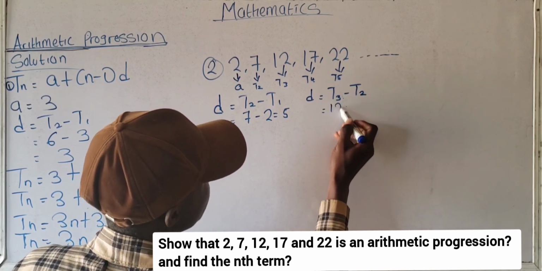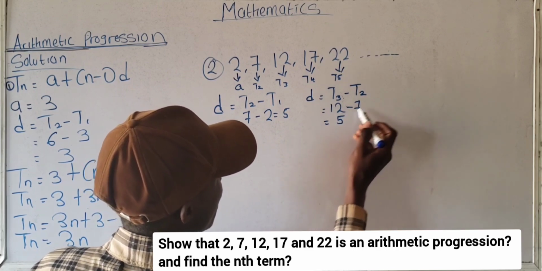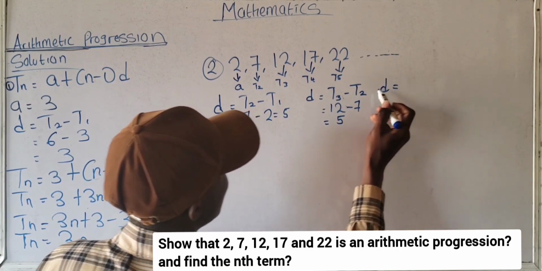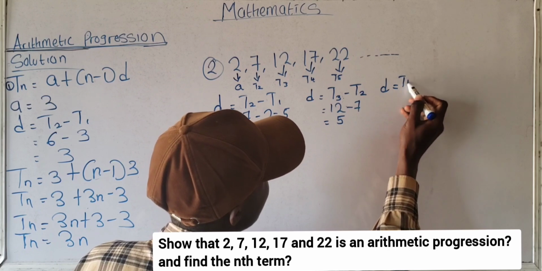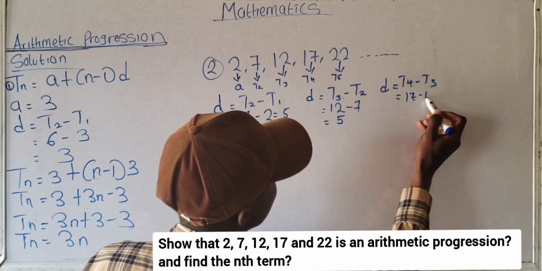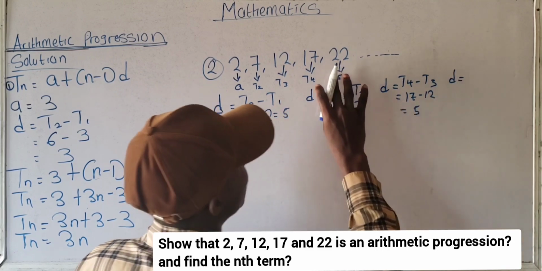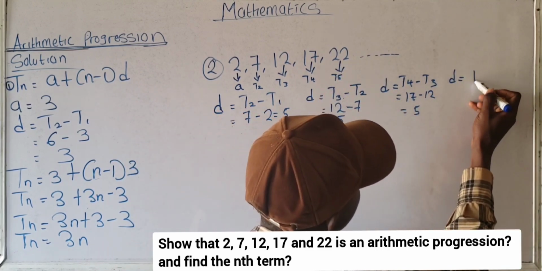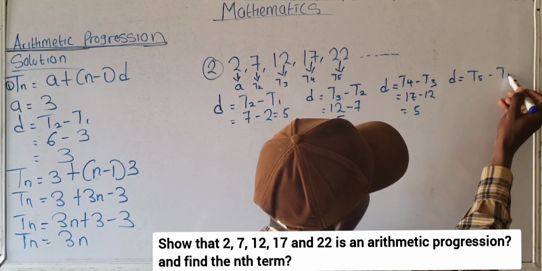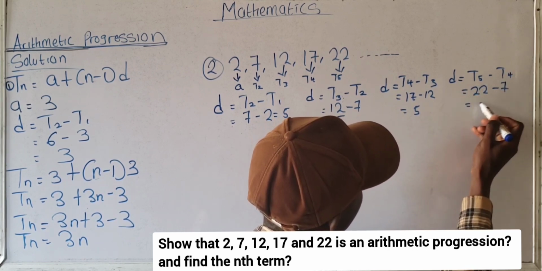So here I'm going to have 12 minus 7, which is also the same thing as 5. So we can also have T4 minus T3: 17 minus 12, 5. You see? Let's try T5 minus T4. That is 22 minus 17. Here I'm going to have 5.